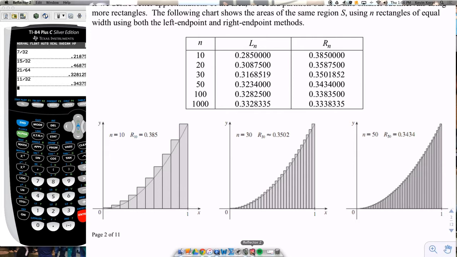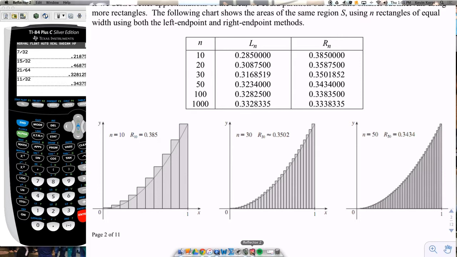So watch this. You see a limiting process here. As n increases on the right endpoint, 0.385, 0.358, 0.350, and so on, 0.333, you can see that the areas are decreasing, but there is an apparent limit to what they're approaching, right? And that value is 0.333. So they're approaching the actual area from above.